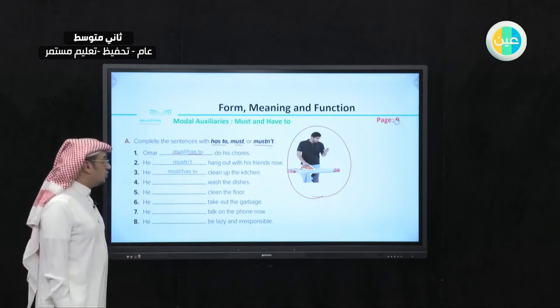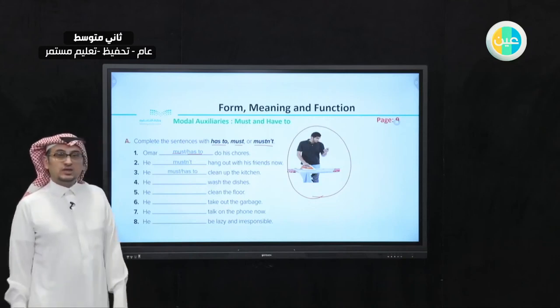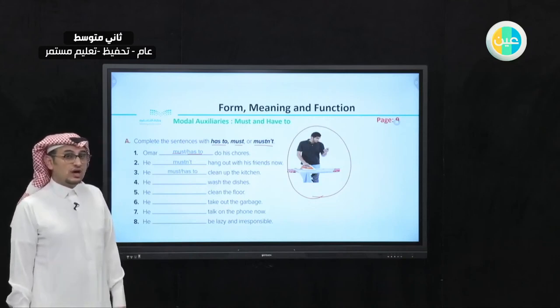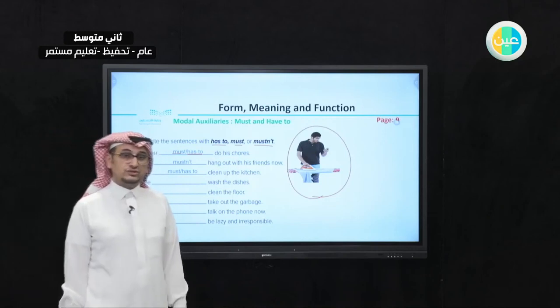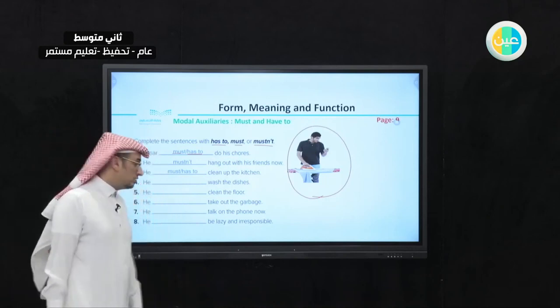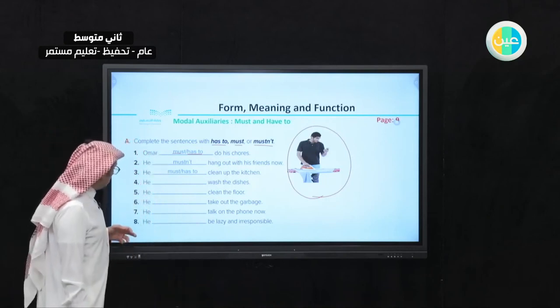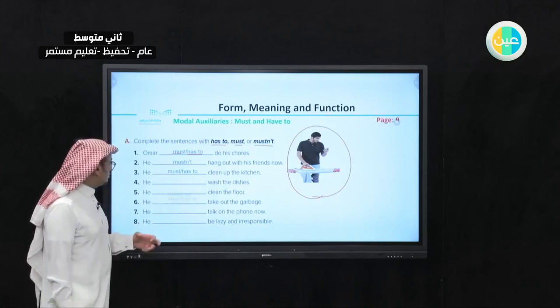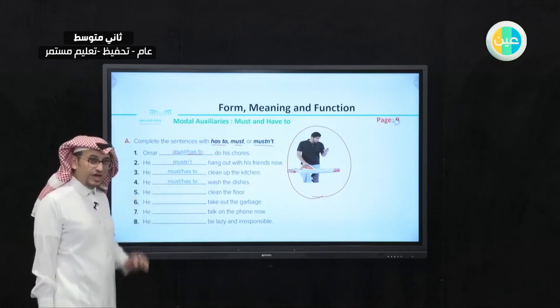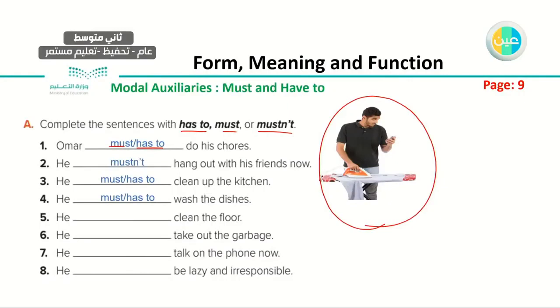Number 4, wash the dishes. It's also one of the housework, so he has to do it. He must do this work. So must and has to are both correct. Number 5, clean the floor. One of his jobs, so he must clean the floor.